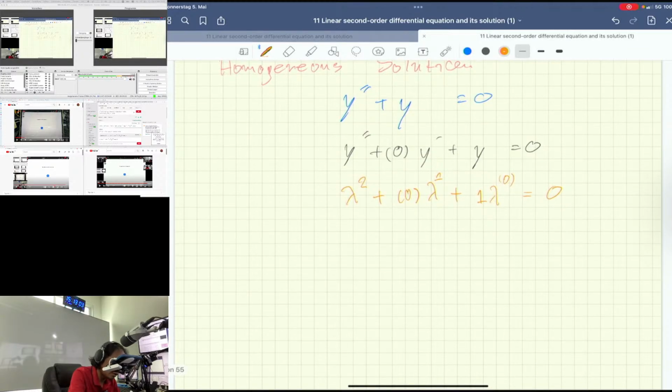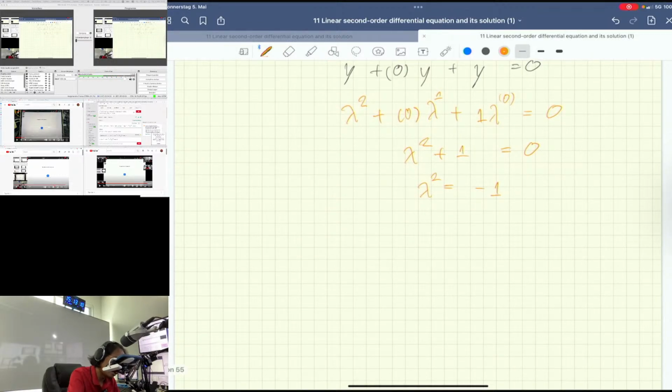So finally you get lambda squared + 1 = 0, right? So it means that your lambda is the square root of -1.